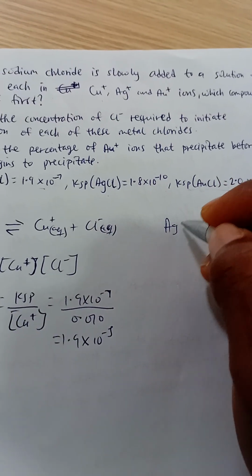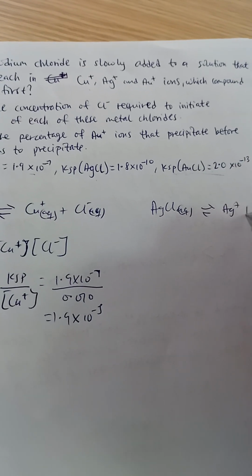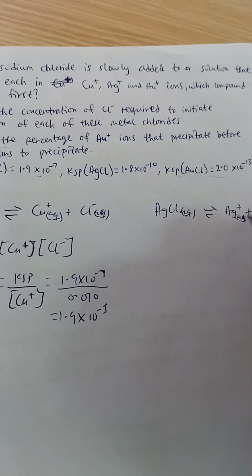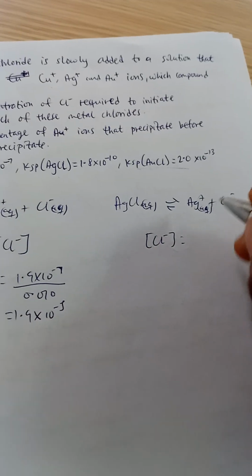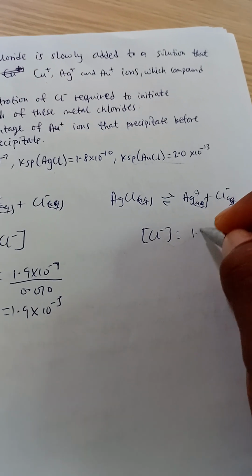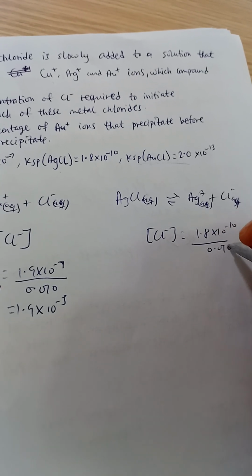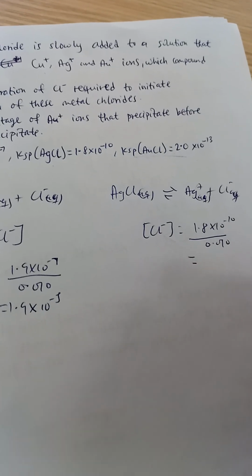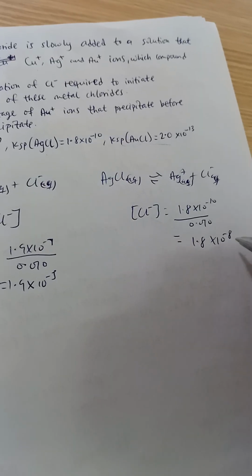For silver 1 chloride, the concentration of Cl-, if you write the expression, will still be Ksp over the concentration of silver ions. They all have the same concentration. We are going to get 1.8 × 10^-8 molar.